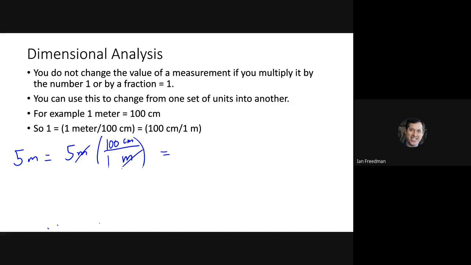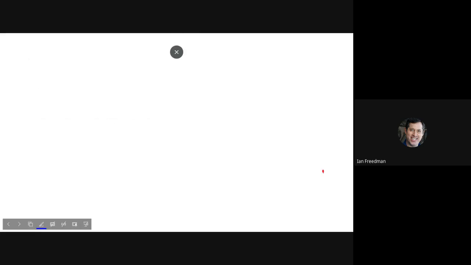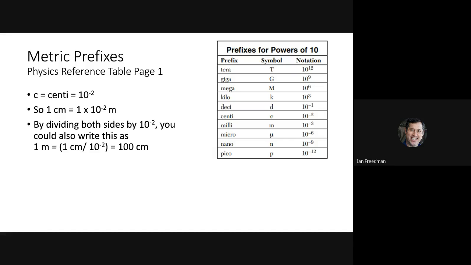You could also write it. You know that centi is, and let's look actually ahead a little bit at metric prefixes. You know that centi is equal to 10 to the negative 2. So you could say that, for example, 1 centimeter is 1 times 10 to the negative 2 meters. So that is a perfectly valid fraction too. So you could say, for example, let's say we had 5 meters.